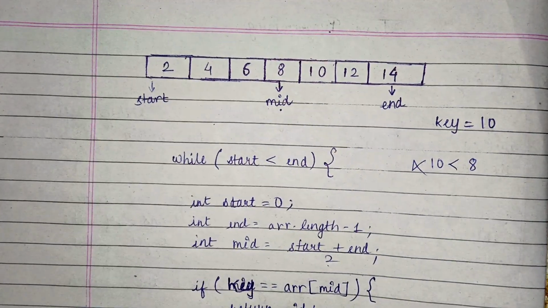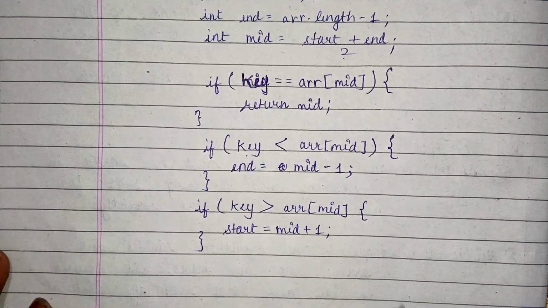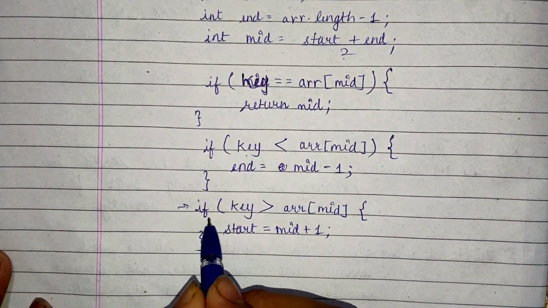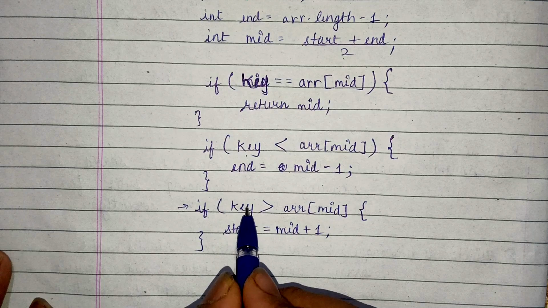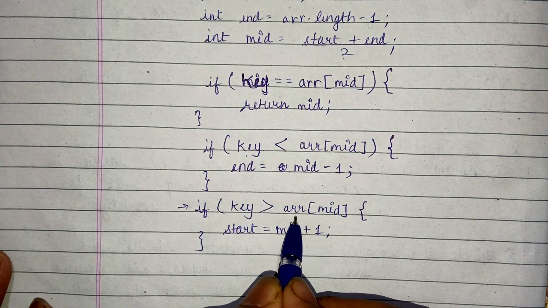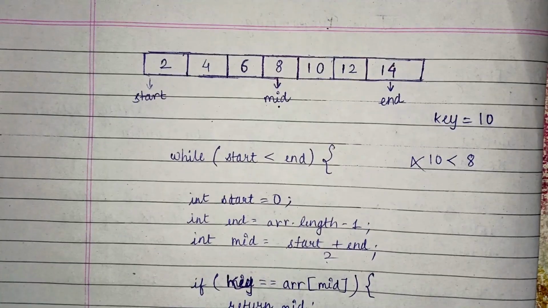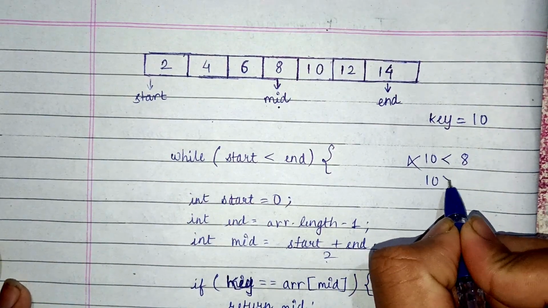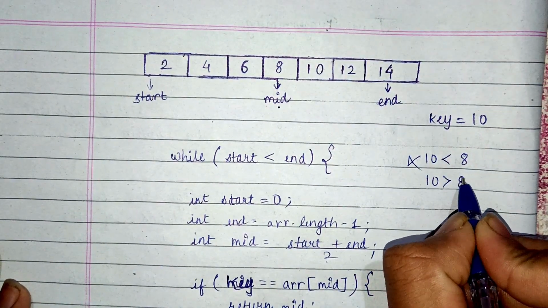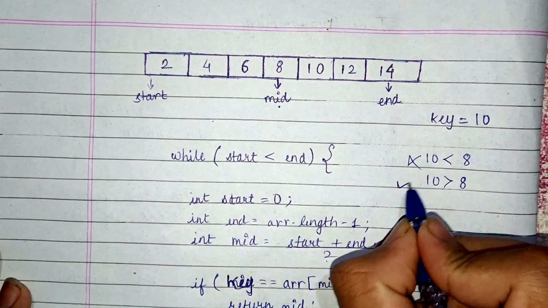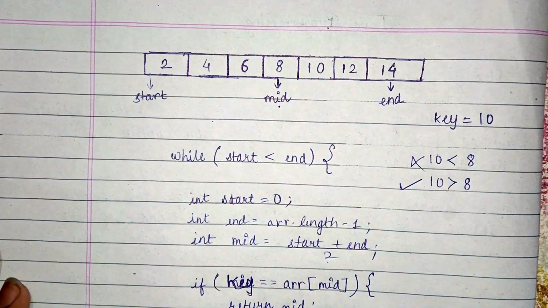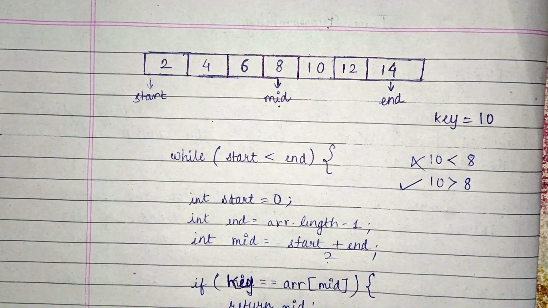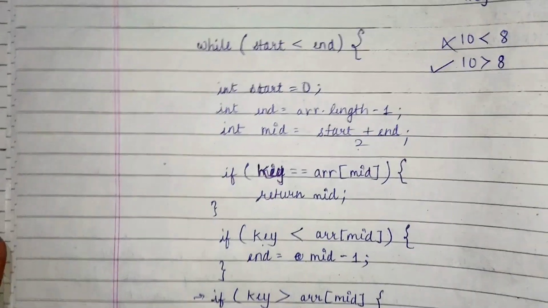Now here we have to check this condition. If key is greater than array of mid, means 8, yes, this value is true. Then the start value gets updated, as we have seen here.